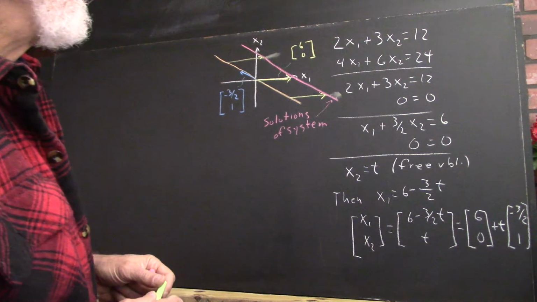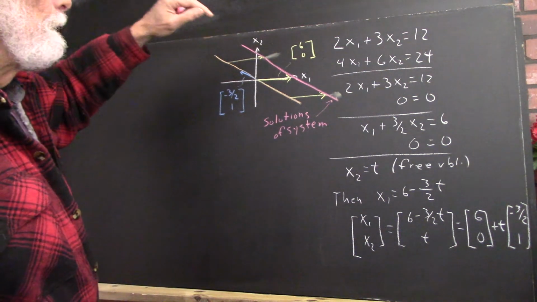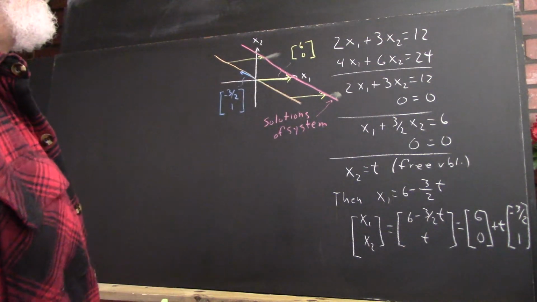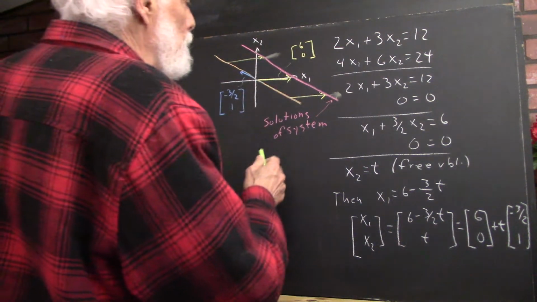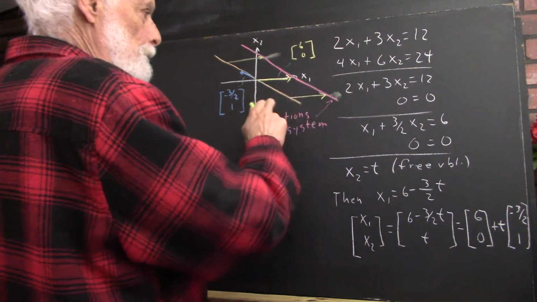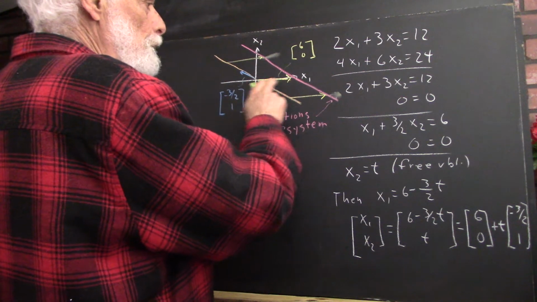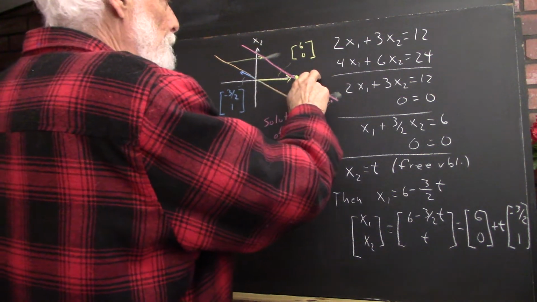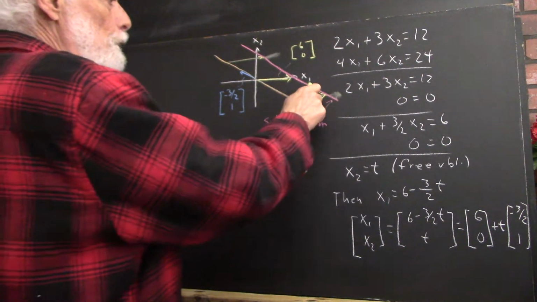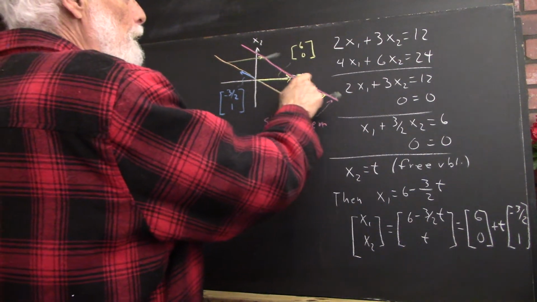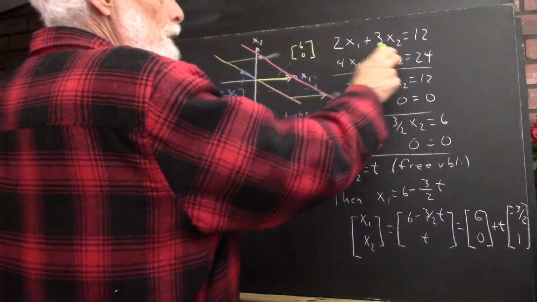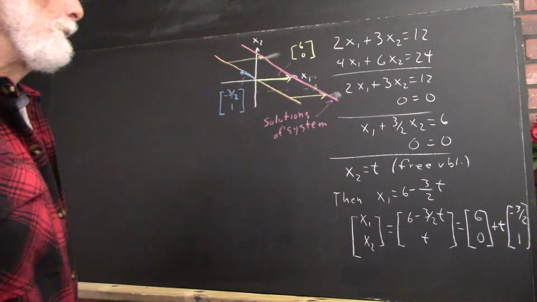But okay, so here are the solutions of our system. Meaning, again, a solution of the system can be thought of as a point in the plane. You take the coordinates of this point, whatever x1 happens to be here, and whatever x2 happens to be for a given point. Okay, the coordinates x1 and x2 plugged in to this system give you a solution.